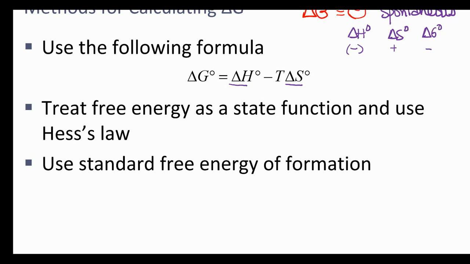We also saw that if we had an endothermic process where the entropy was decreasing, it was always a positive delta G, so never spontaneous. And then we had the two that were temperature dependent. Let's keep going with this thought and expand on what delta G is going to tell us. Okay.